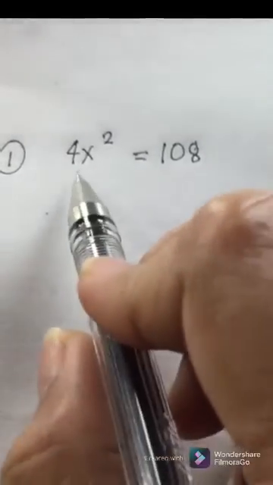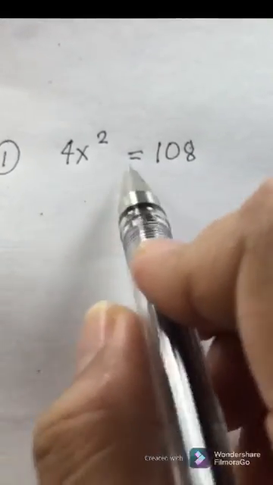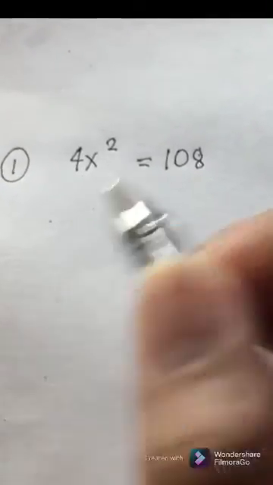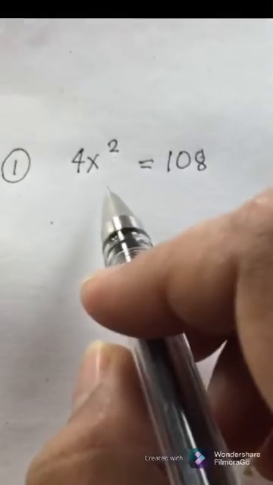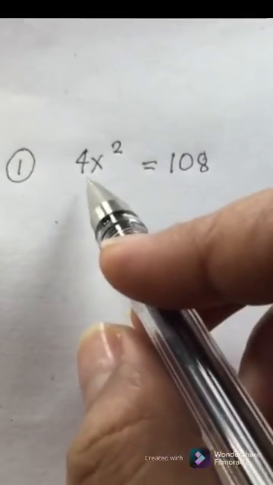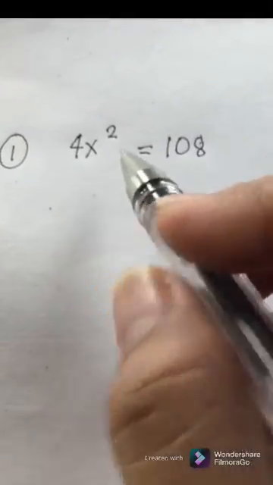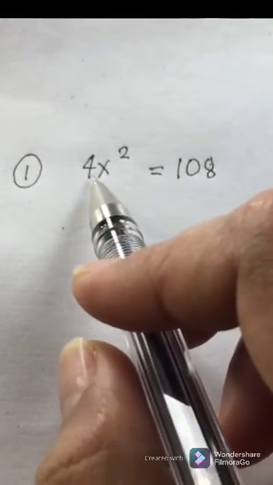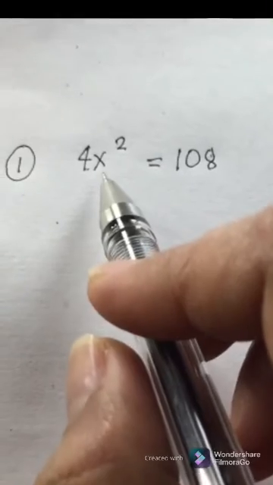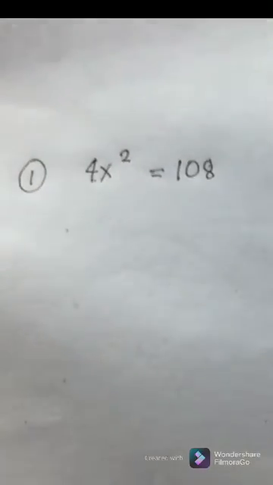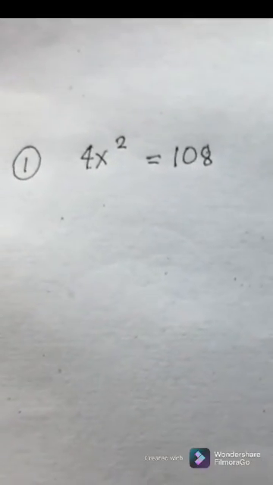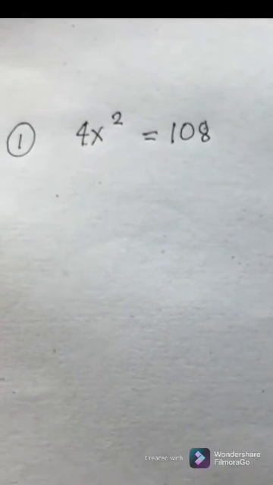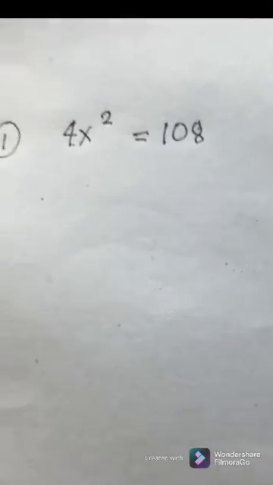Okay, because 4x squared is already a term. Okay, this is already one term. So that means 4 and x squared is already a partner. When you deal with 4, you're going also to deal with x squared. So what operation can we use that you will not violate any rule in mathematics?